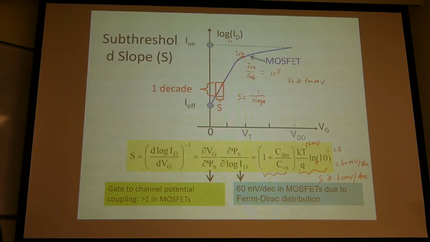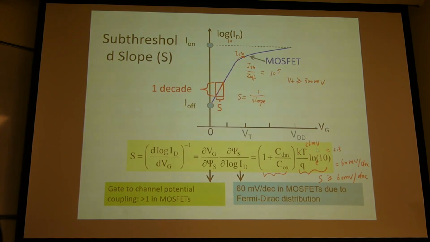And if we want to further understand the subthreshold slope, this is the definition of the S factor. It is defined as the voltage you need to reduce for the current to drop by 1 decade, 10 times. And here we say that this S factor is always equal to or larger than 60 millivolts per decade.